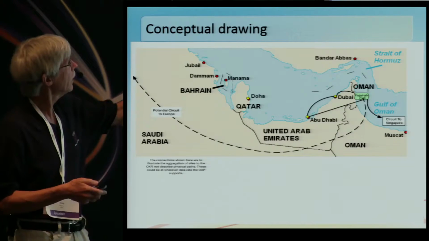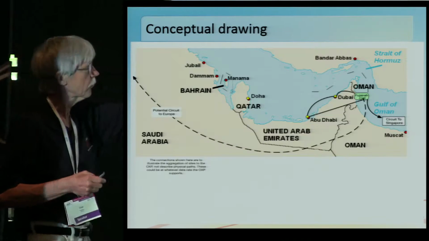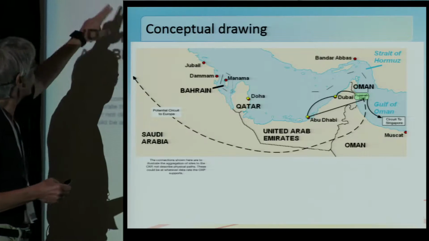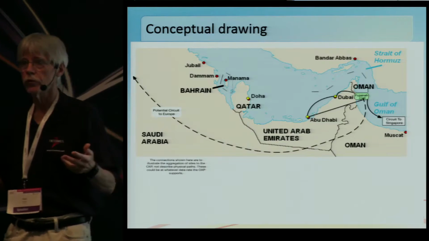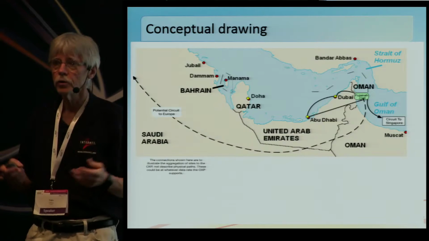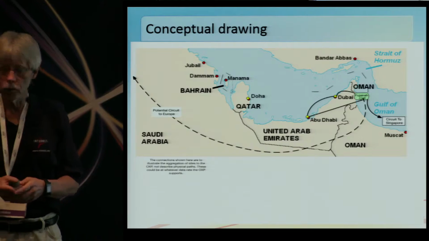So one hopes, and certainly there's work being done to try to understand how we can find some partners and work with some other organizations to create a path back to Europe as well.